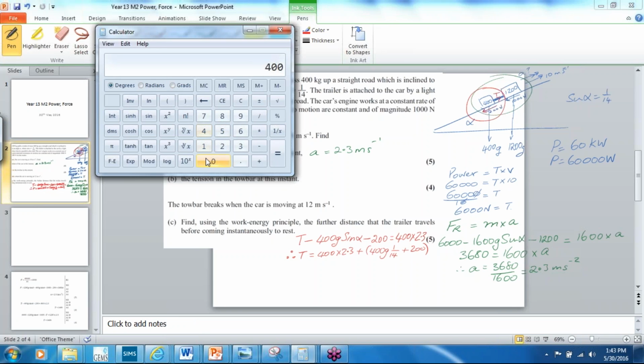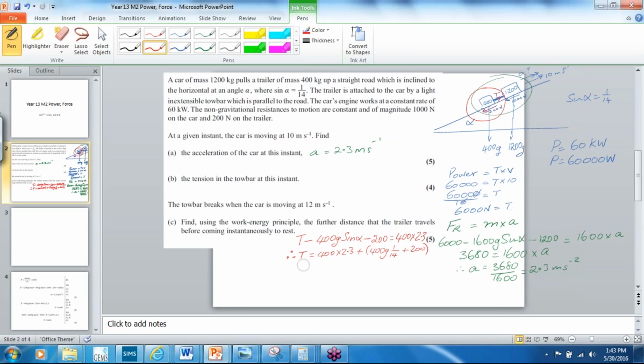We've got 400 times 2.3 plus 400 times 9.8 divided by 14 plus 200, which gives a tension of 1,400 newtons. So let's put here the tension in the tow bar will be 1,400 newtons.